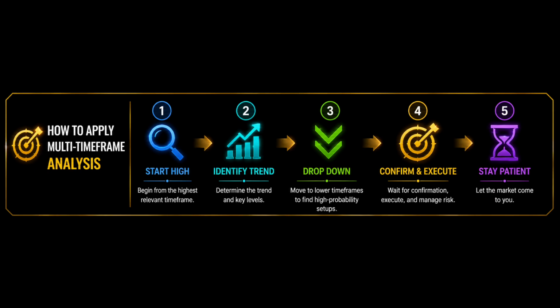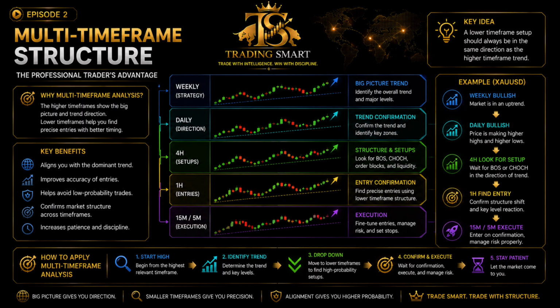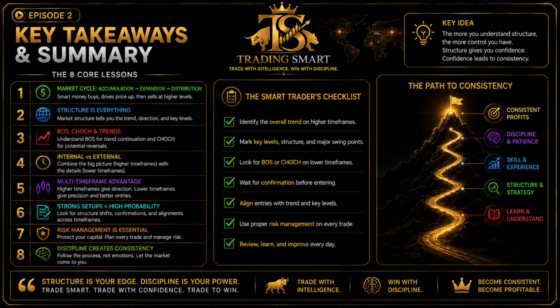When all time frames align, probability increases significantly, and that's where the highest quality opportunities are often found. Big picture gives direction. Smaller time frames give precision. Alignment creates opportunity.